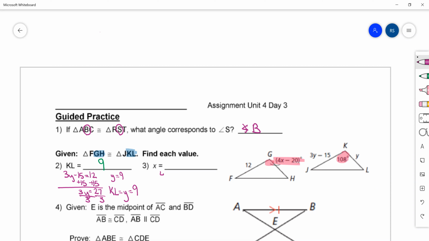So this one we can actually set up and say 4x minus 20 equals 108. Add 20. We get 4x equals 128. Divide by 4, and you'll get x equals 32. In this case, it just asks us to find x, so we are done. X equals 32.